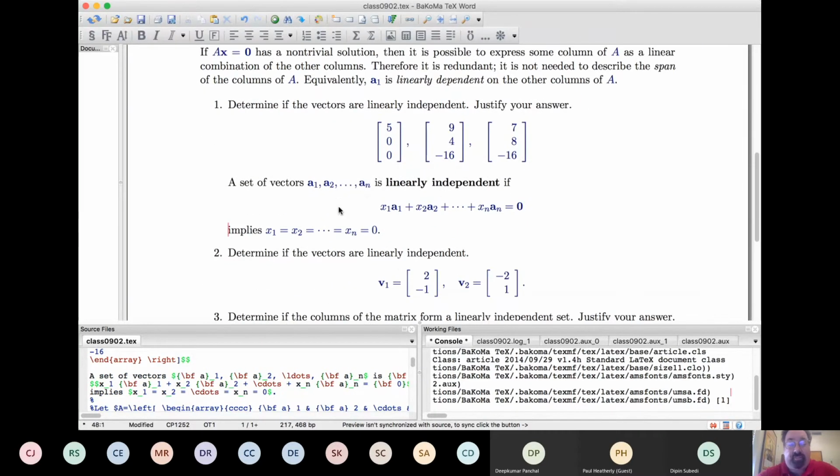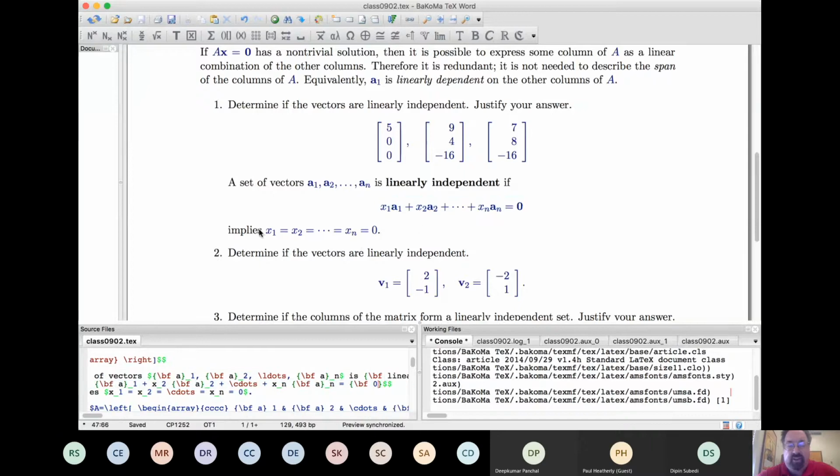Whatever set of vectors you have is linearly independent if the only way that this can happen is if all the coefficients are 0. So if the coefficients x1, x2 up to xn are 0, you will get 0. Linear independence means that it's the only way to get 0.